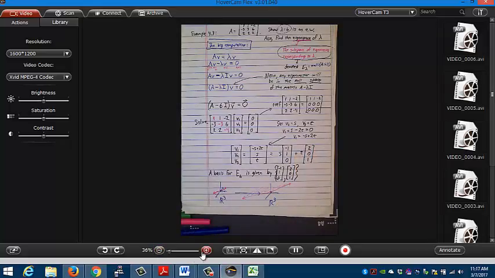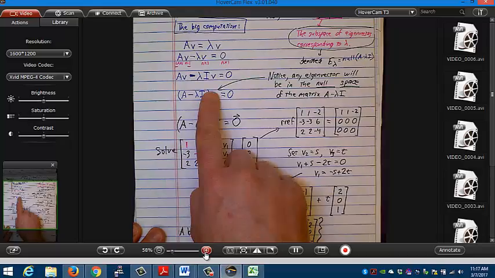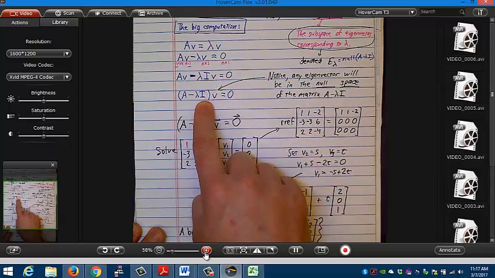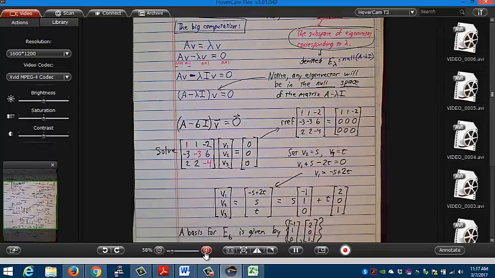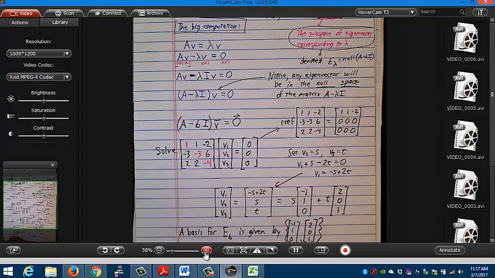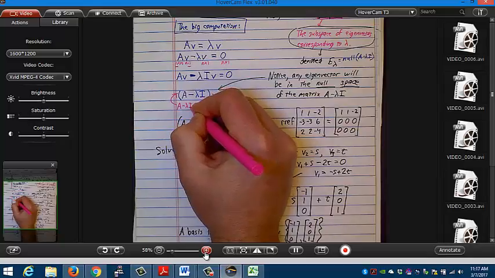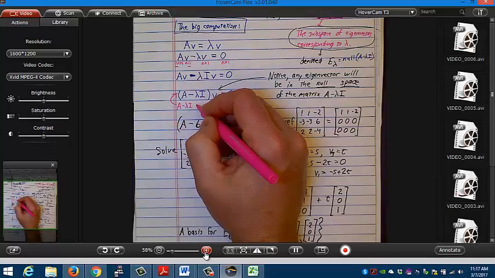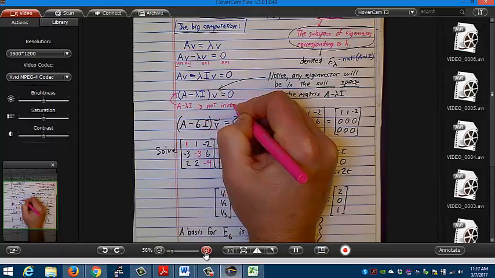Let's show it now. Let me zoom in on the big computation. You see this? Notice any eigenvector will be in the null space, and the null space will be non-trivial. Well, it turns out that A minus lambda I is not invertible.